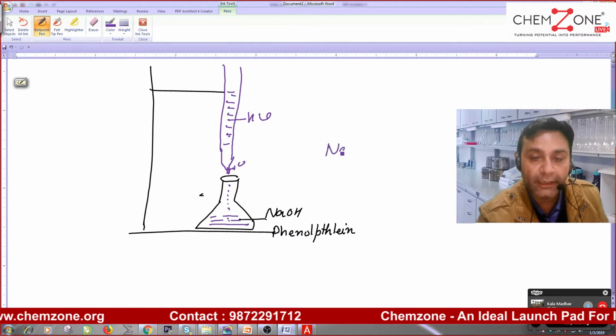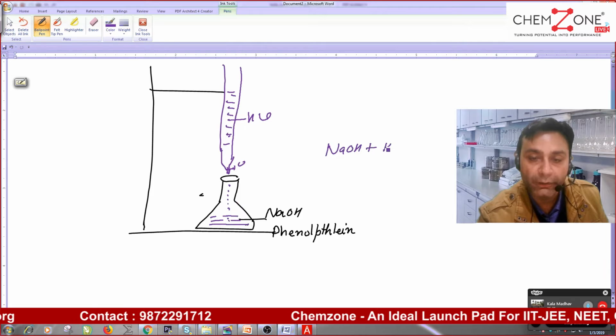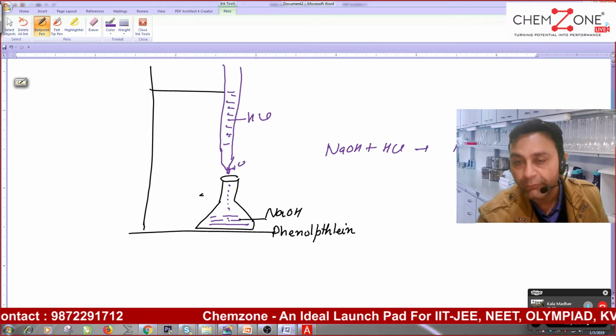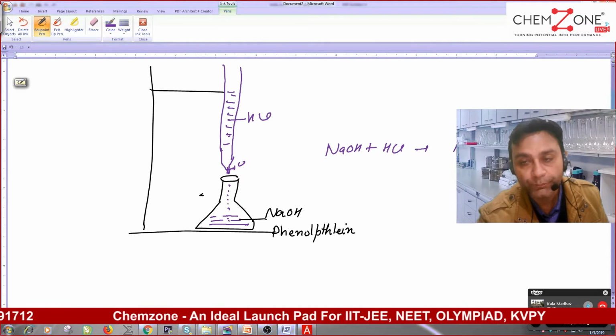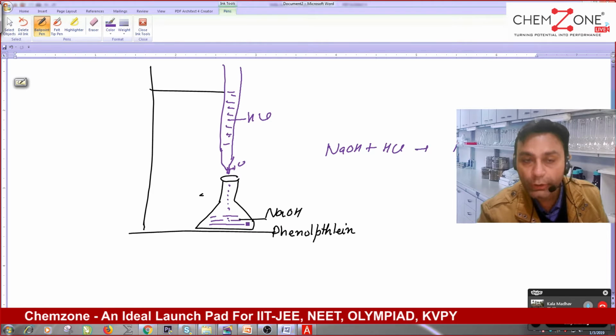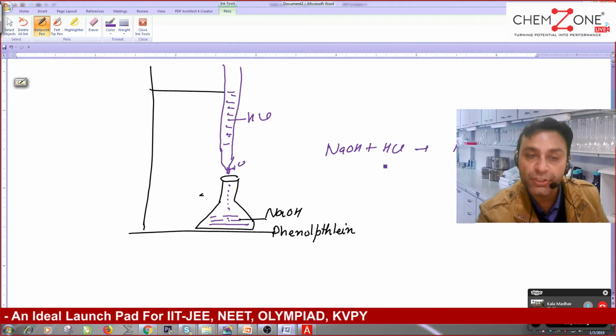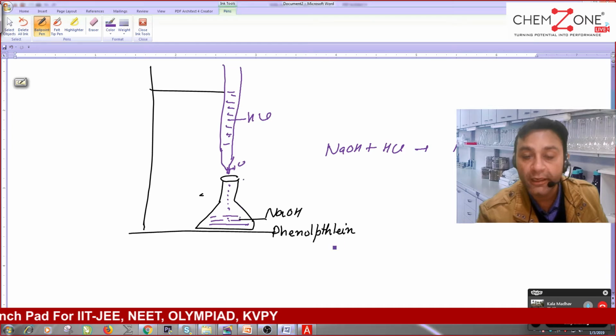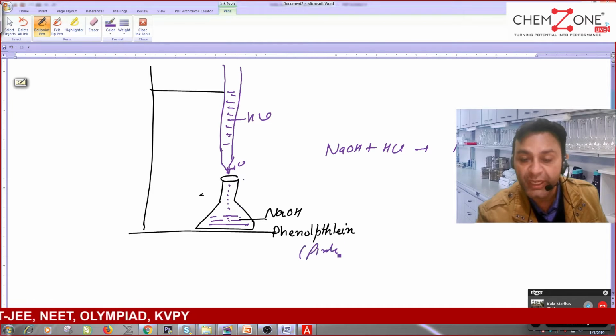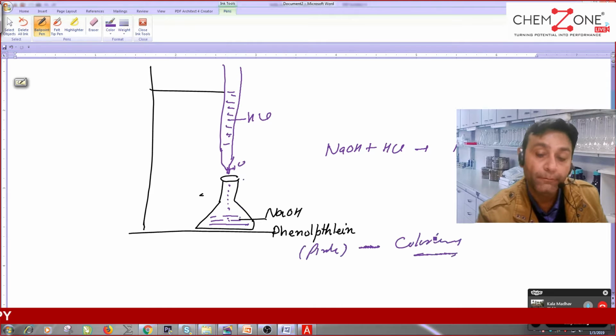The NaOH will be neutralizing the HCl and form NaCl and water. When all the OH ions are neutralized by the H positive ions, immediately the pink color will change into colorless. This whole complete neutralization process is called a titration.